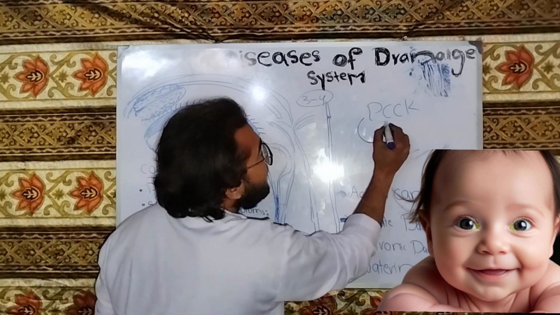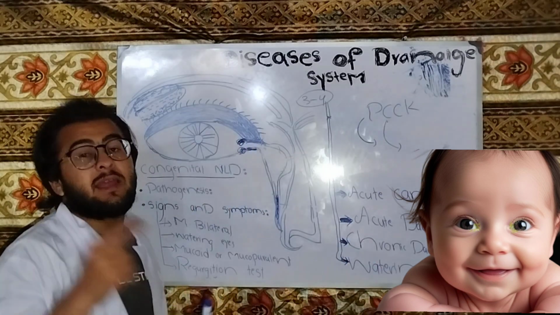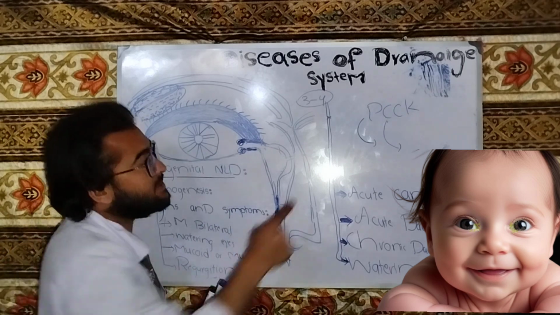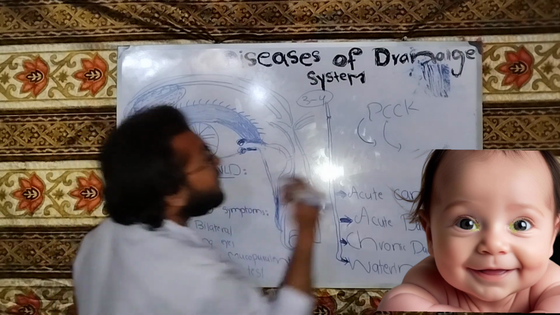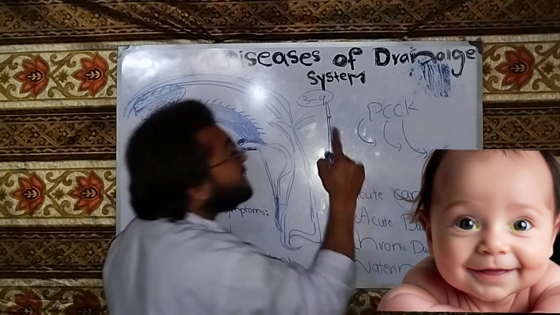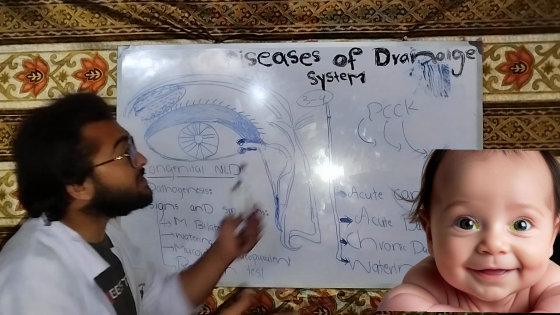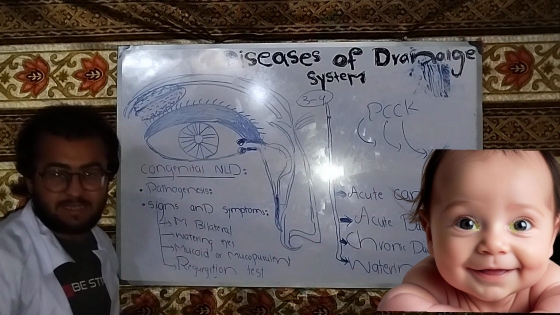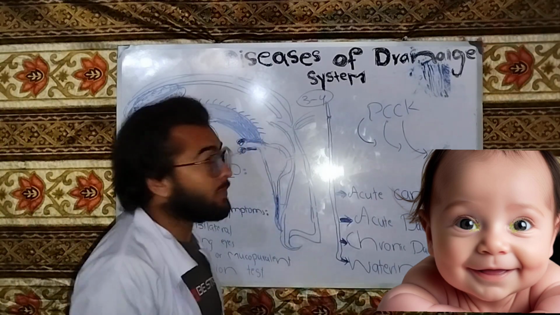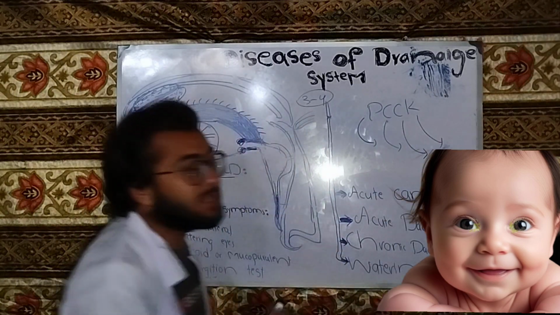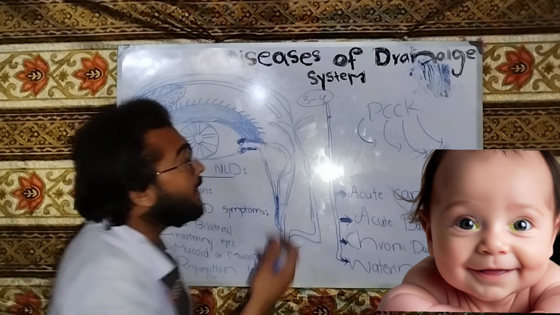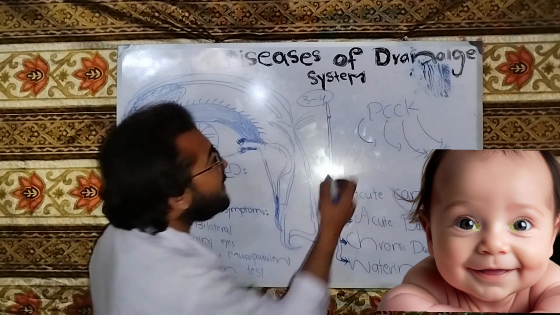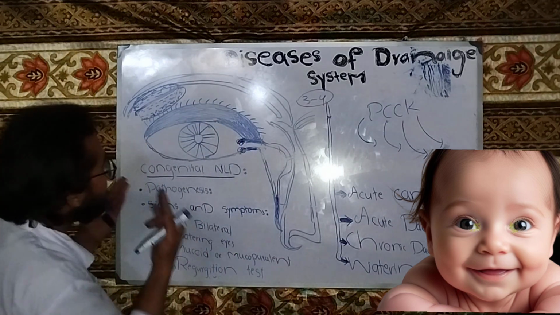There can be conjunctivitis, and we know that in children the most common cause of conjunctivitis is chlamydia. The third can be congenital glaucoma, and it is important. In the book they say it is important to exclude congenital glaucoma when a child presents with watering eyes. There can also be keratitis, in which there is inflammation of the cornea, uveitis, or iridocyclitis. So these all conditions can be the differential diagnosis of congenital NLD.